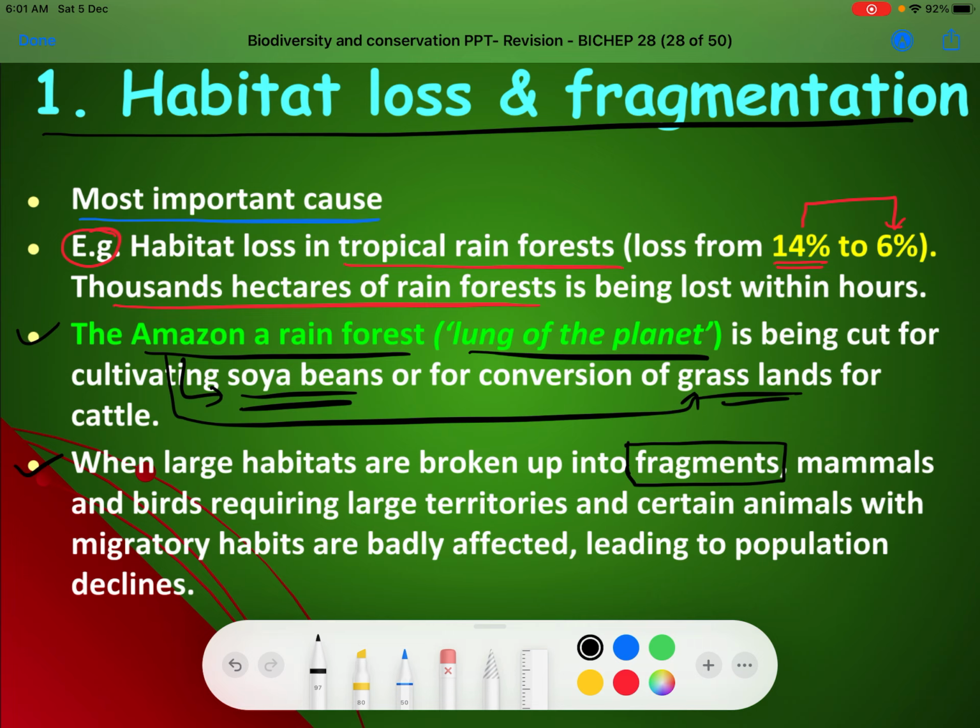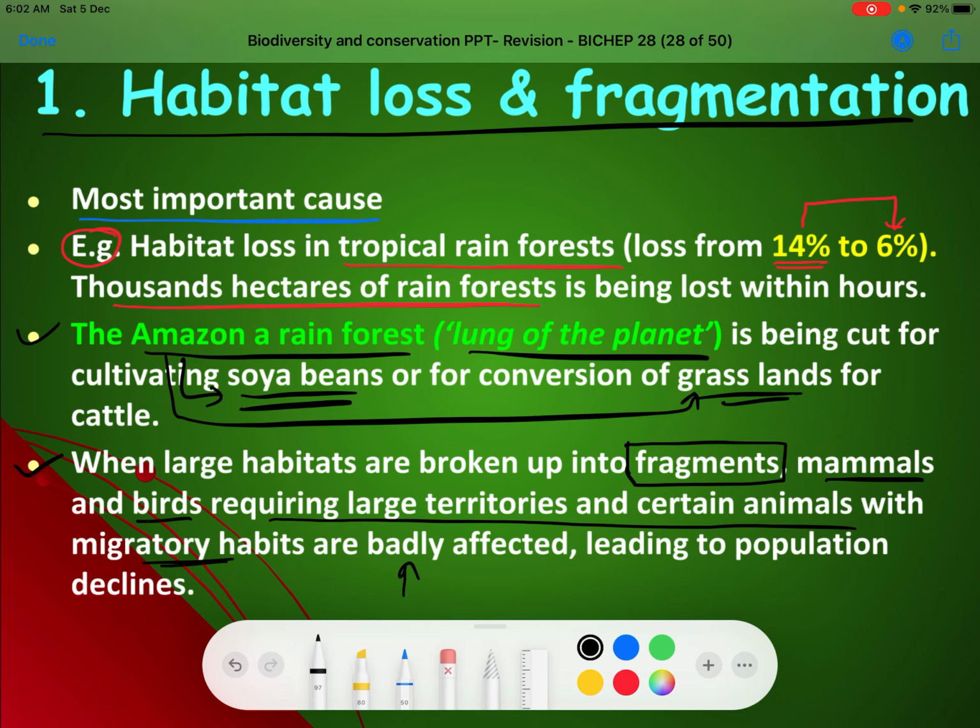Now, where is the effect? The effects are largely observed on mammals and birds. Why? Because they require larger territories, and certain animals with migratory habits are badly affected.